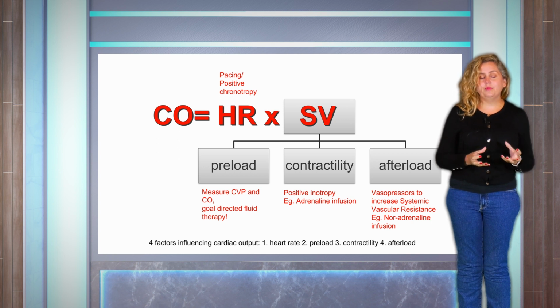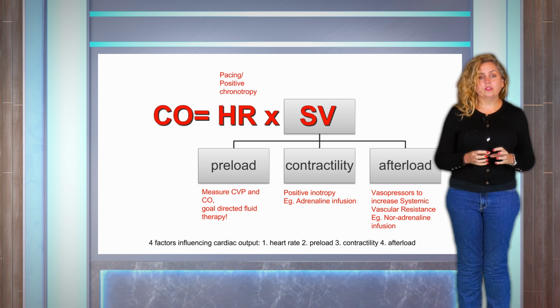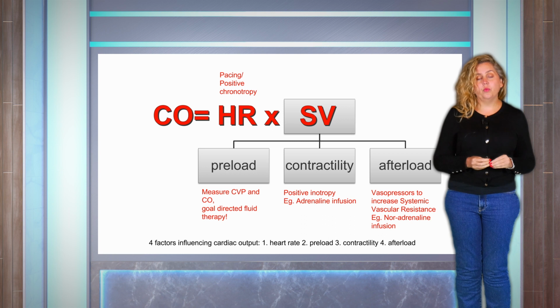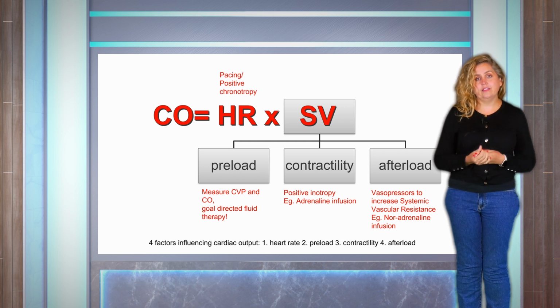Okay, so how does this pertain to the inotropes and vasopressors? If we have a problem with, for example, our heart rate, something that we could initiate is either pacing or positive chronotropy. Remember, chronotropes will be medications that will increase our heart rate. So the more times the heart beats, the better the cardiac output will become.